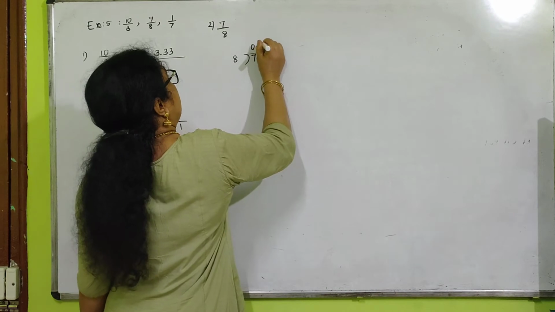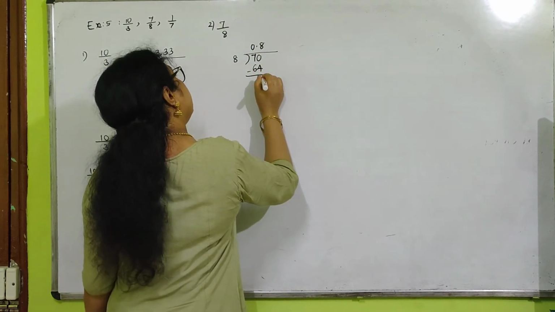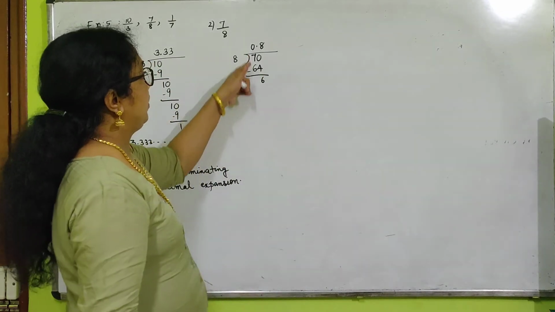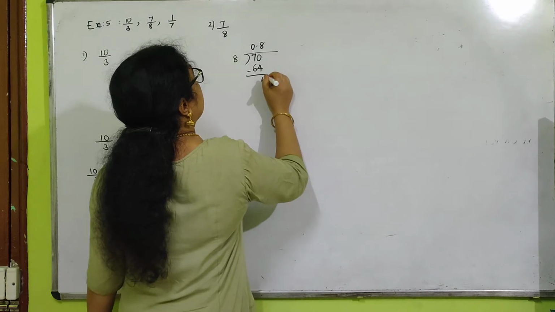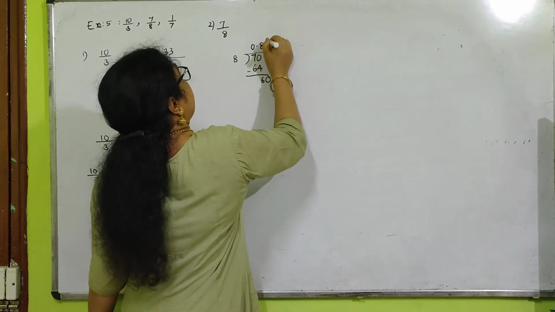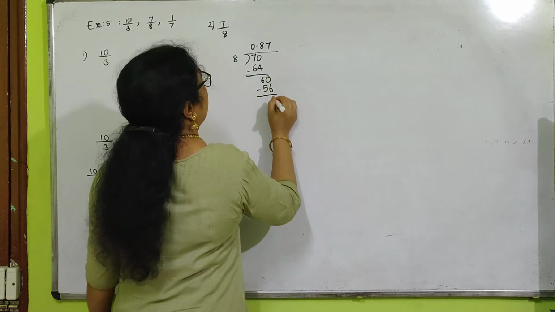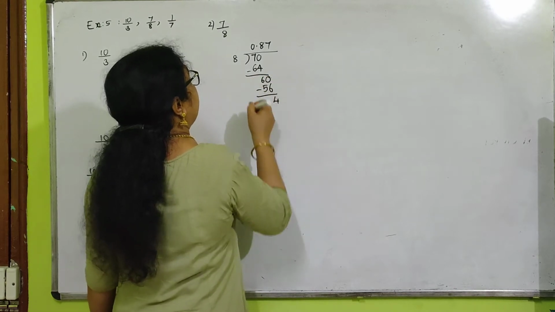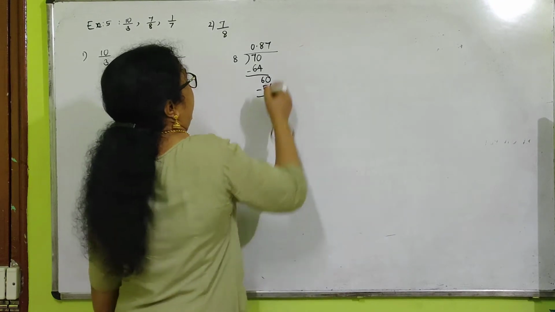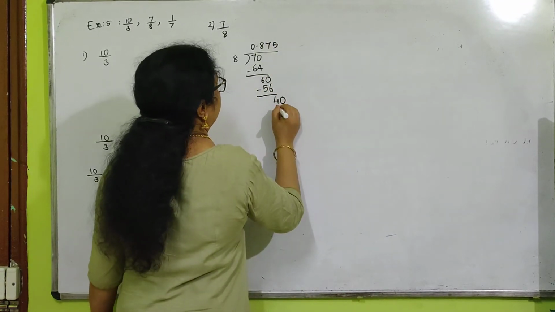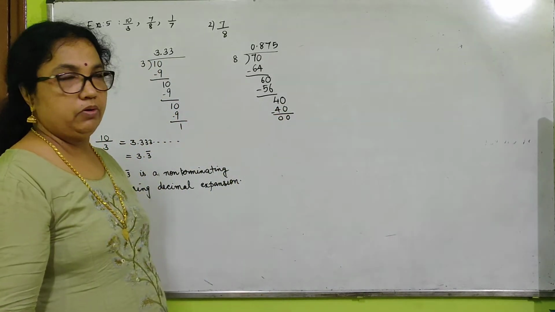So 8 8s are 64. 70 minus 64 is 6, so 60. 8 7s are 56. 60 minus 56 is 4. Now no digits are there, so put 0 here, 40. 8 5s are 40. Here look, the remainder is 0.